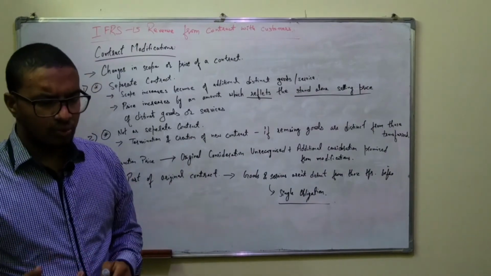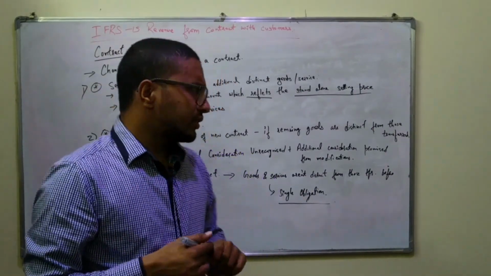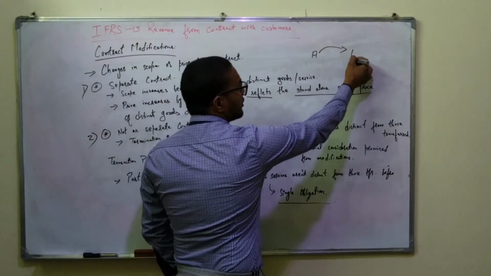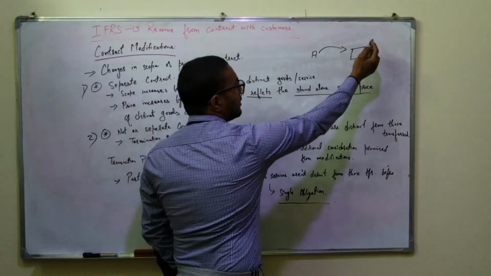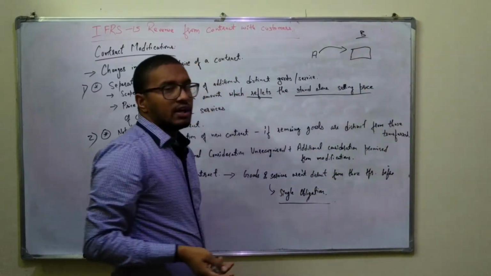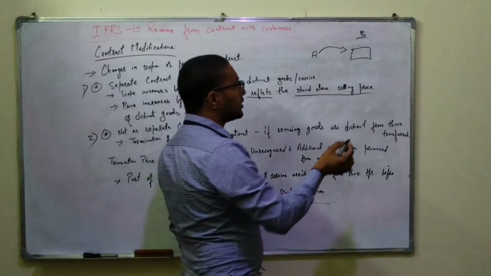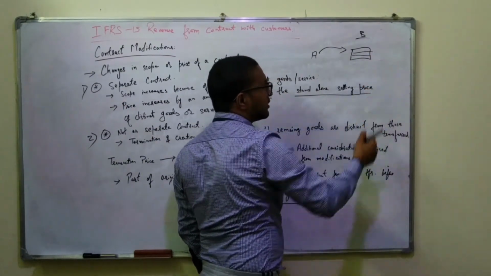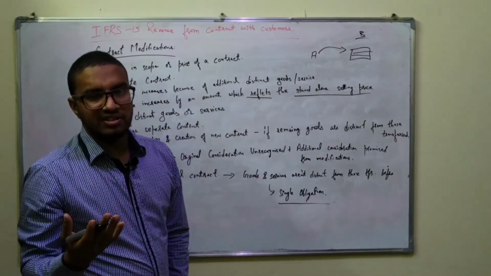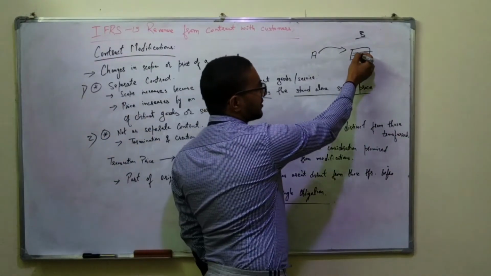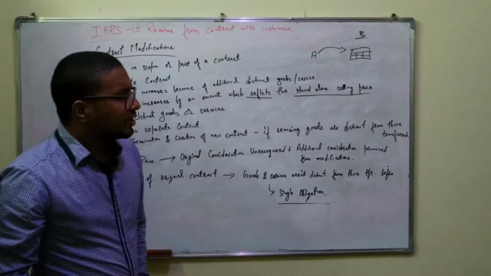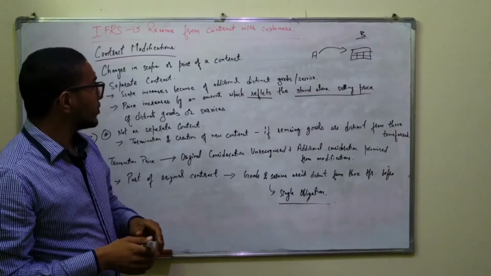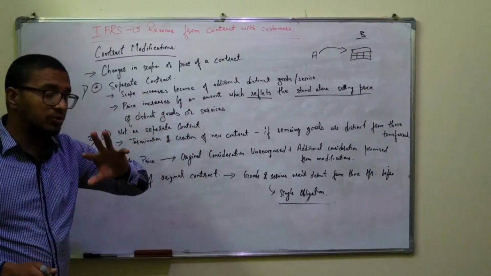Suppose you are required to construct a building. Suppose you are entity A and you construct a building for, let's say, entity B. And then during the process, you had a floor plan of designing it like this, but you want to make a partition now, right? So the floor plan has changed a bit. So is this change in the floor plan also a separate contract? No. Why?